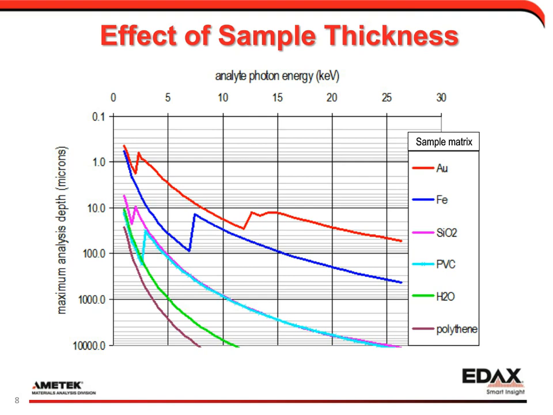That line shows us that as we increase the energy of the analyte photon, the actual analysis depth goes to quite a high number. For instance, at 10 keV we have an analysis depth of roughly 1 millimeter. So that's relatively thick, and certainly much thicker than what you would typically get for glass particles.